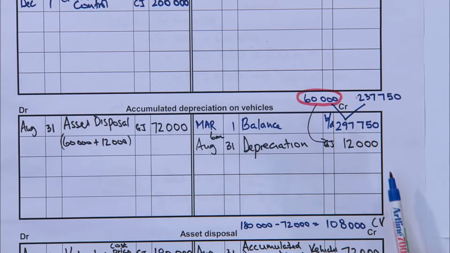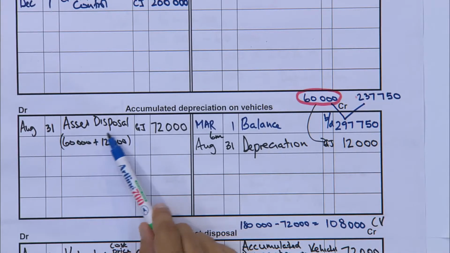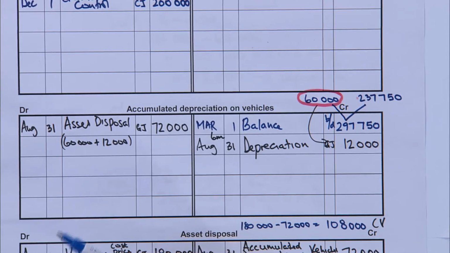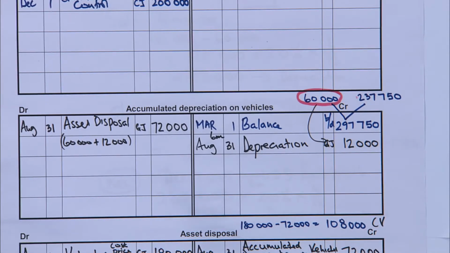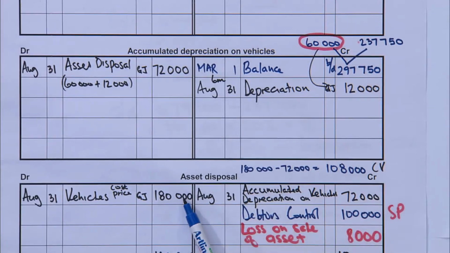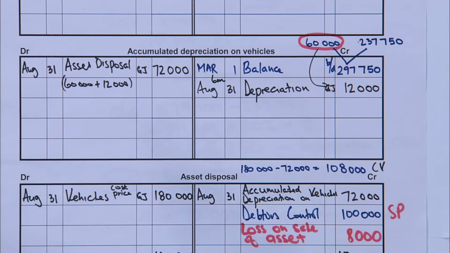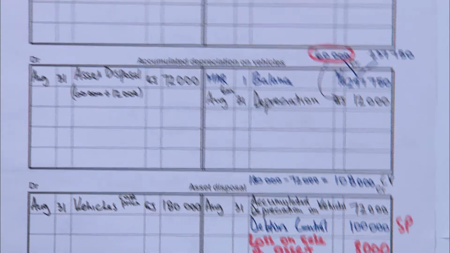We made the entry for the 12,000. So the total accumulated was 60 at the beginning, plus the extra 12, which gave me 72,000. I brought the 72,000 to the asset disposal. Right? The cost price was 180,000. I calculated the profit or loss on sale of assets, which came to 8,000.